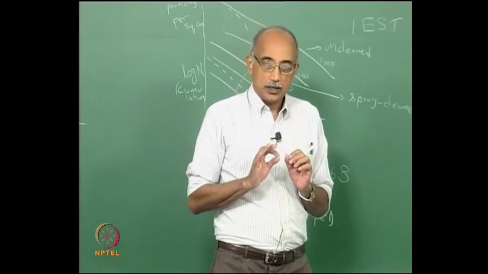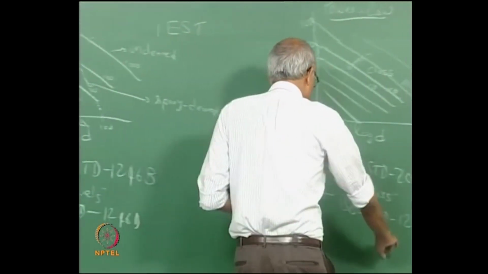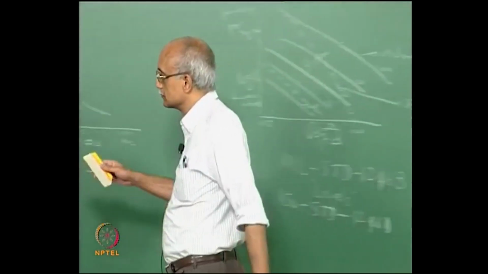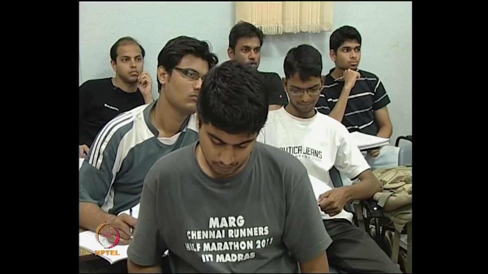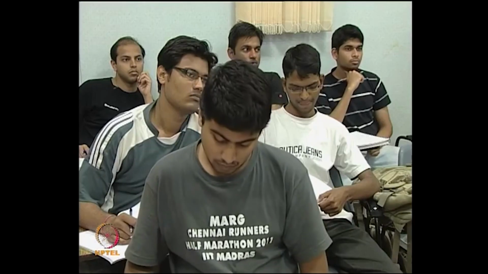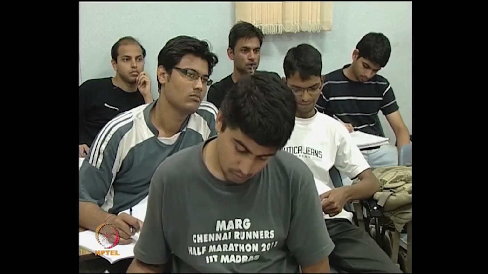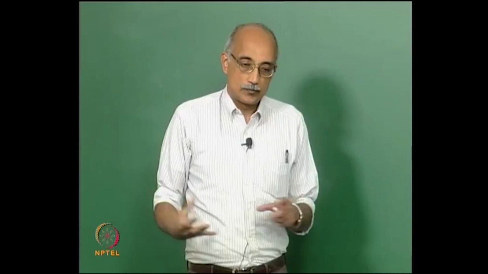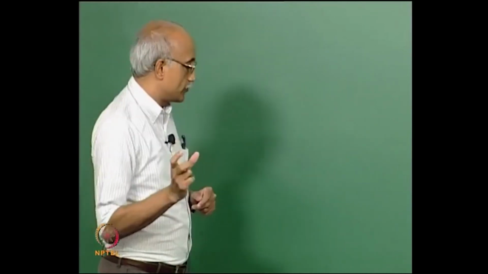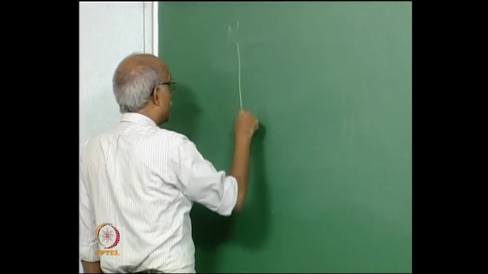So, there are some key aspects of how these data are reported that we need to be aware of. So, when we take a sample and we analyze it using a particle counter, the type of data that you will see immediately would be in a tabular form.